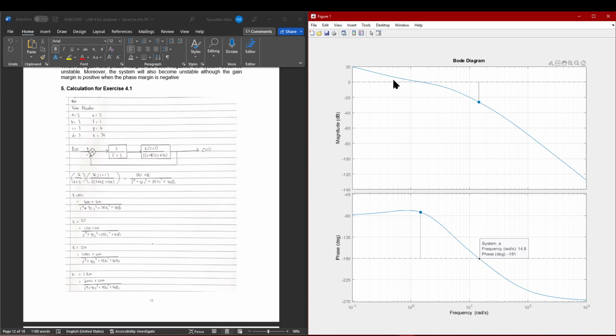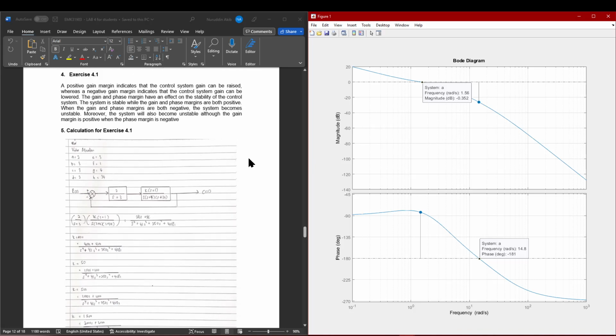If the phase meets the intersection first and the magnitude meets it second, the system will be unstable and will oscillate.